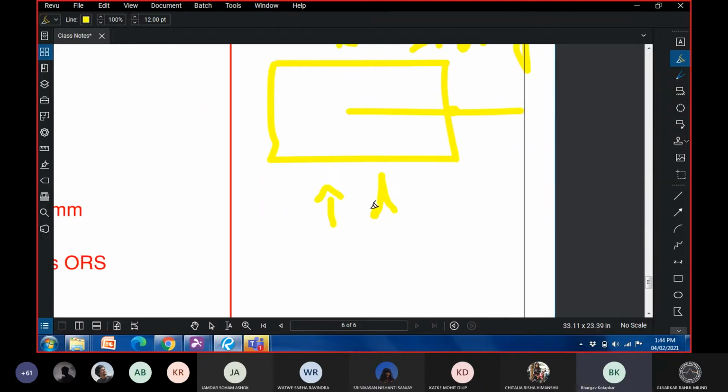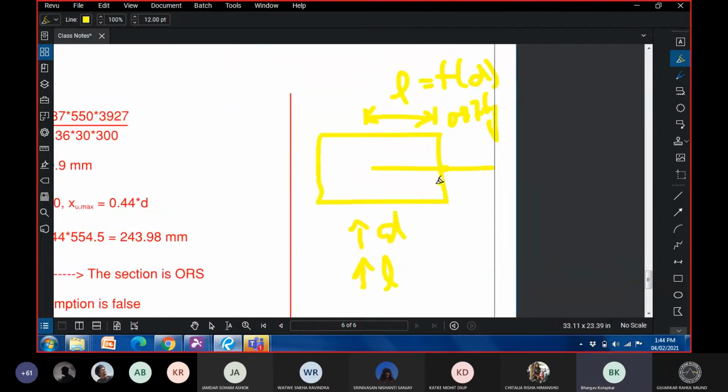Larger the diameter, larger is the length of embedment, meaning that you'll have to insert it further. So it is always preferred to have as small a diameter as possible. But if it is leading to congestion, then we reduce the number of bars, increase the diameter, and make sure that this LD requirement is satisfied. Okay, thank you.